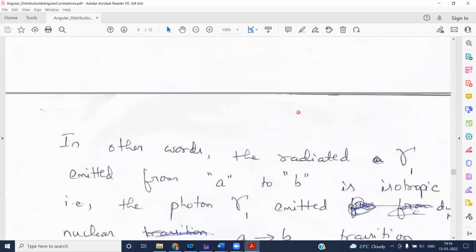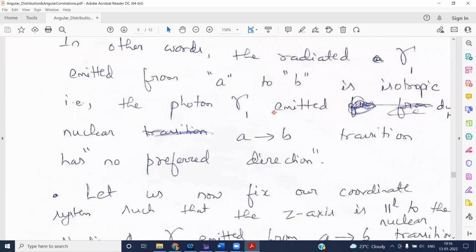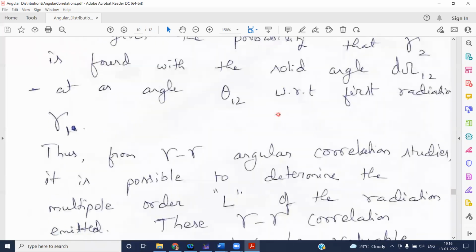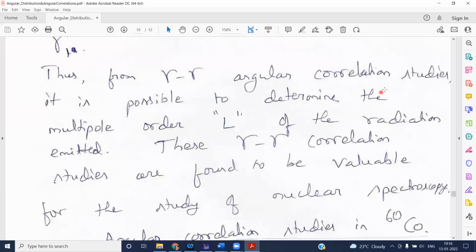So I will finally say that from gamma-gamma angular correlation, it is possible to determine the multipole order L of the radiation emitted. So these gamma-gamma correlation studies are found to be valuable for the study of nuclear spectroscopy.